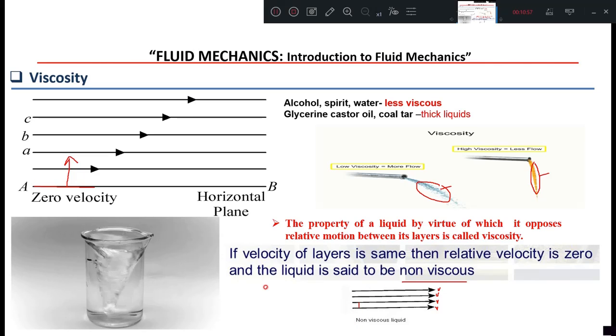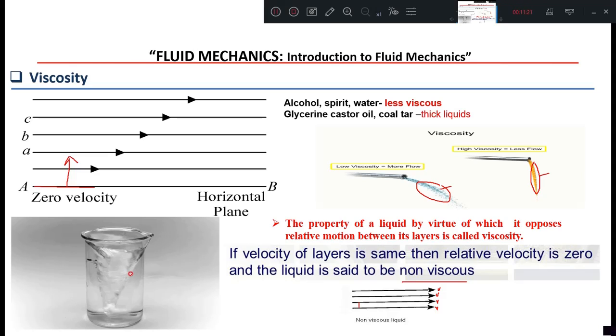Let us consider one more example to understand viscosity. Consider two beakers, one containing oil and the other alcohol, tilted from side to side.